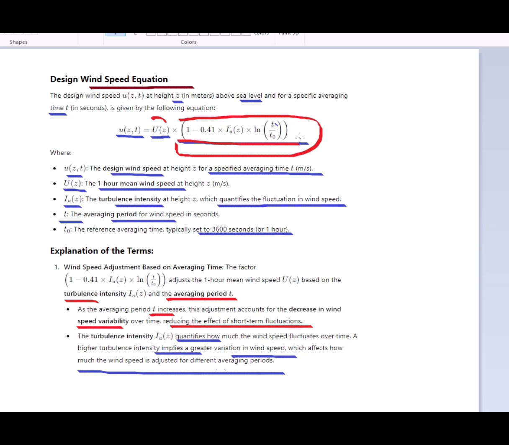So wind speed variability will come down, which means it reduces the short-term fluctuations. If the averaging period increases, you will have a decrease in the wind speed. If the averaging period decreases, you will have an increase in the wind speed, because short-term fluctuations are more. That's the reason these two factors are there: turbulence intensity and averaging period.